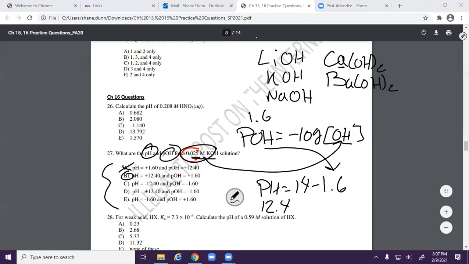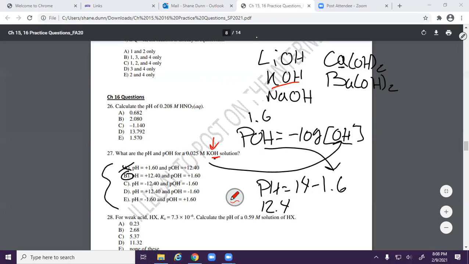It is B. Why? It has an OH value, right? That tells you it's a base. It's also one of your strong bases, right? That's how I know. You have to memorize your strong acids and strong bases.